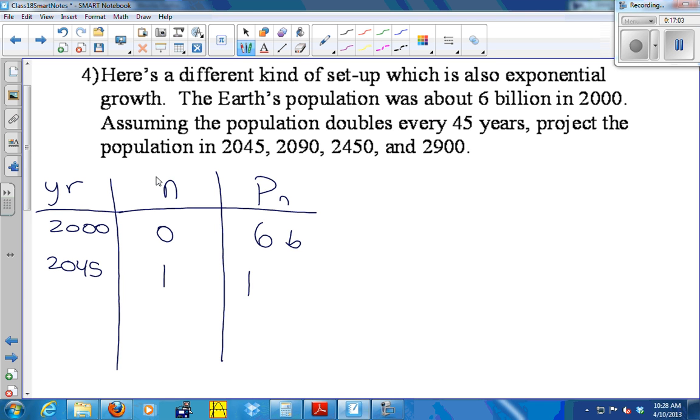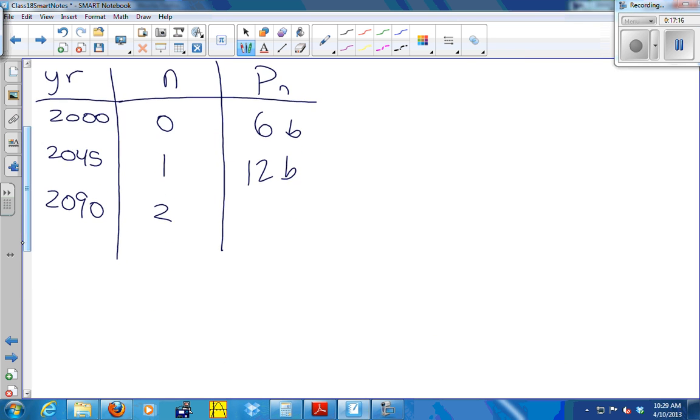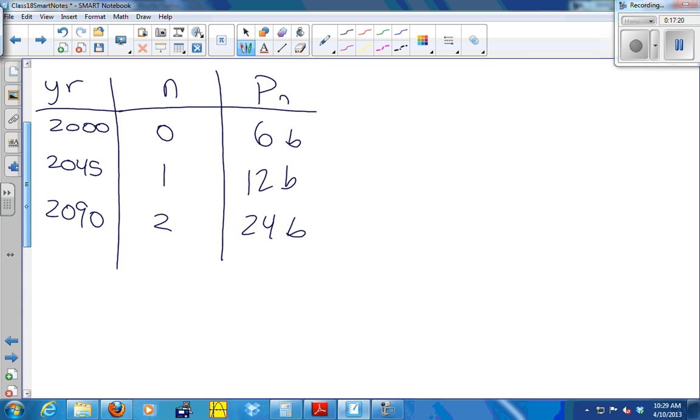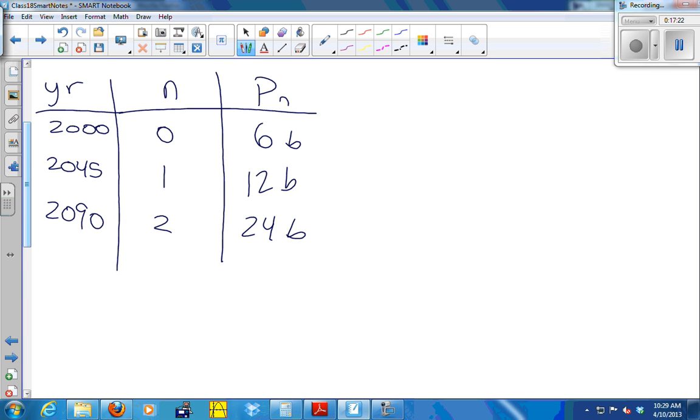So I have 12 billion. And then my next transition, which is 45 years later, which is 2090, would be 24 billion, right? So every 45 years, I double.